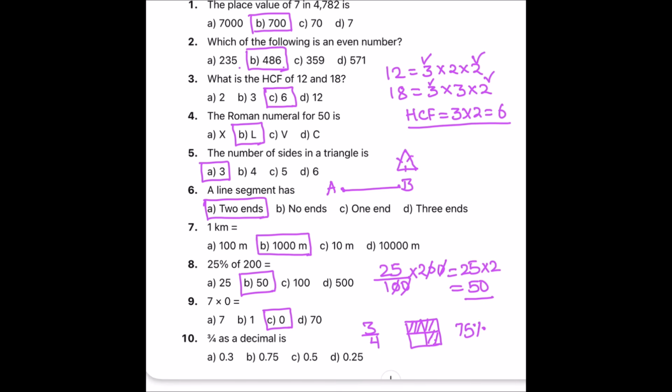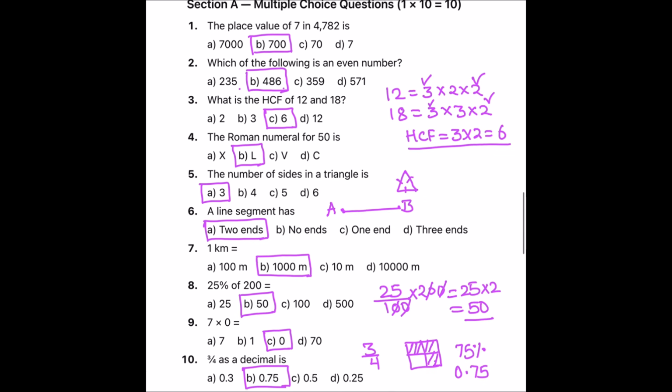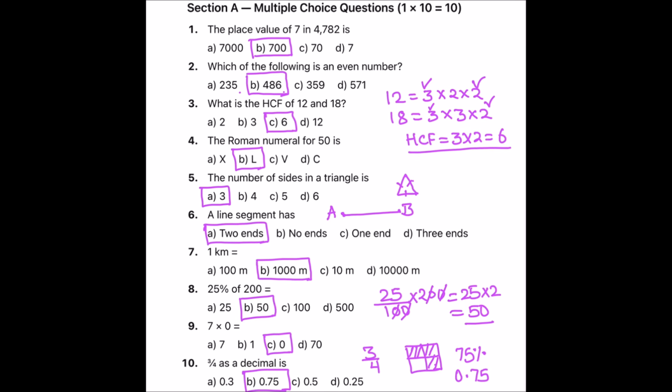And 75% we can write as 0.75. Another method is to divide the two numbers. 3 divided by 4 will be 0.75. So this completes our Section A, which is the multiple choice questions.